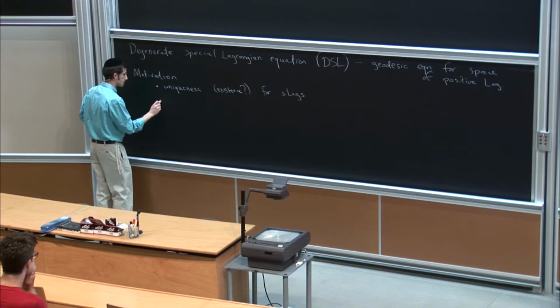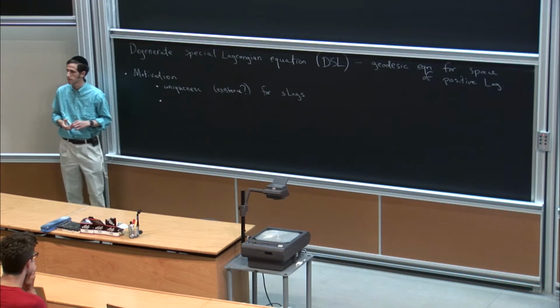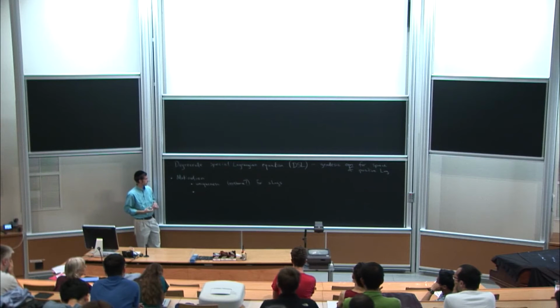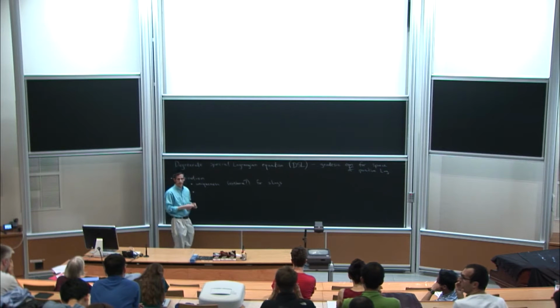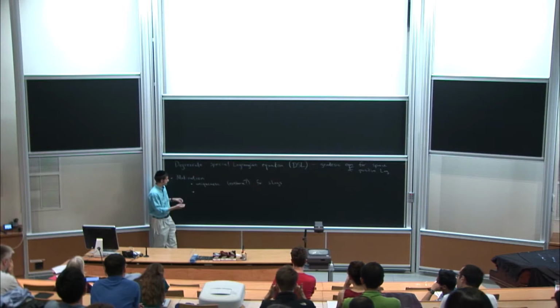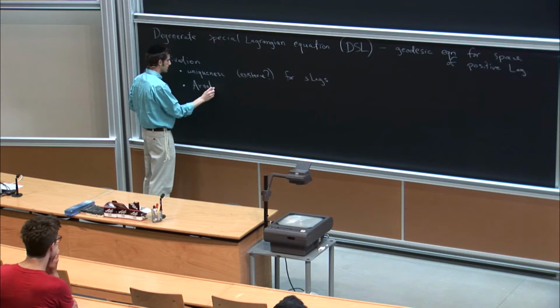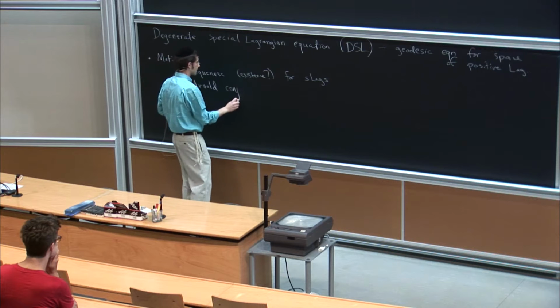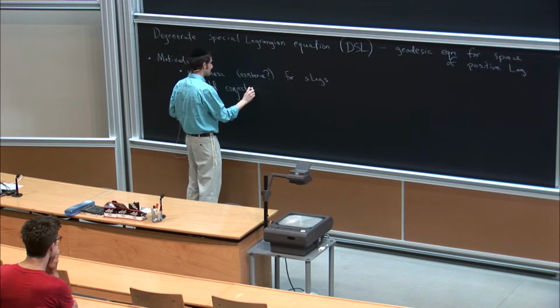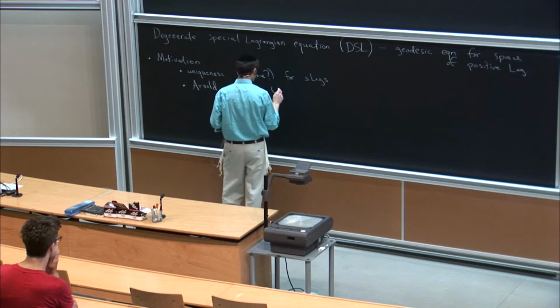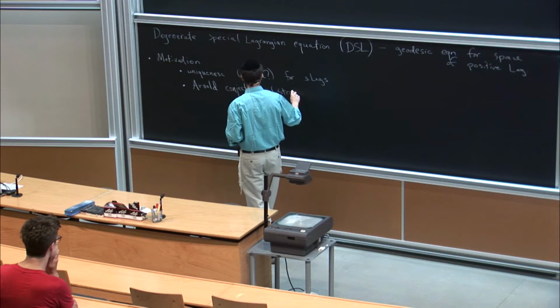And the second motivation is actually more dynamical. There's a way of thinking about the Arnold conjecture via such guise. And this would be the strong version.